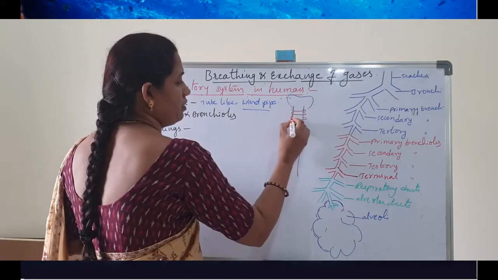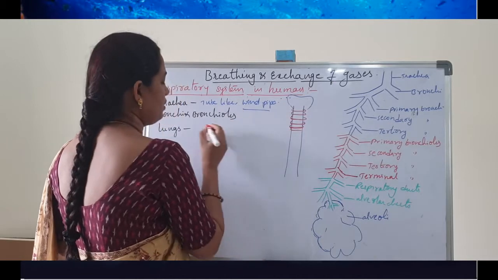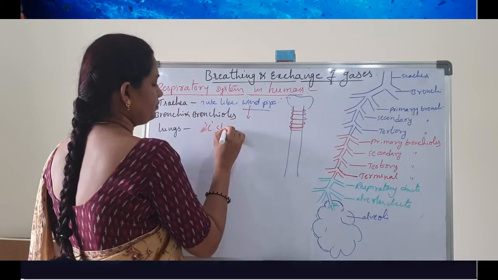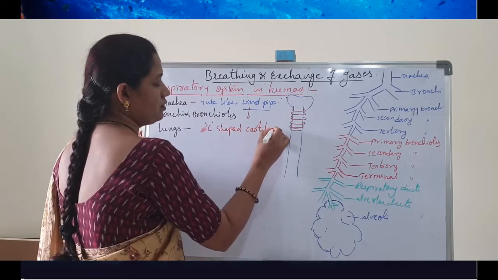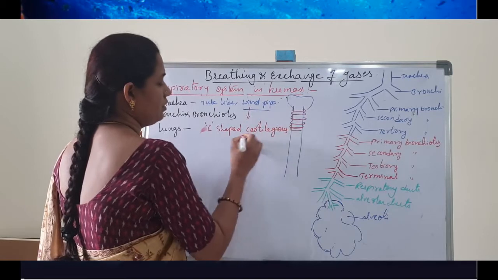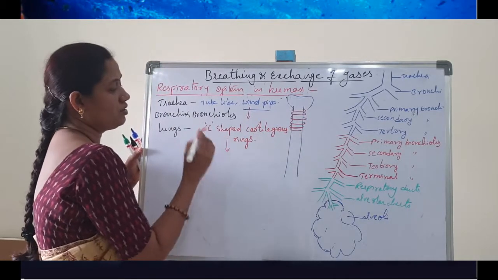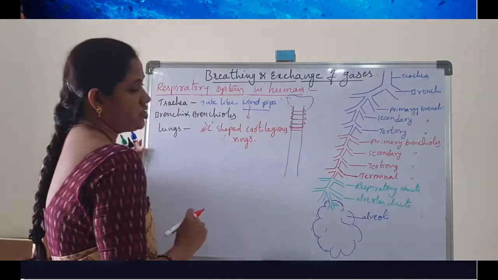This tube is surrounded by C-shaped cartilaginous rings. These C-shaped cartilaginous rings are present throughout the trachea.